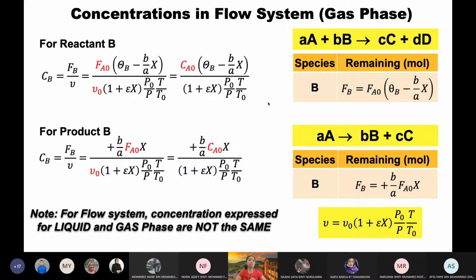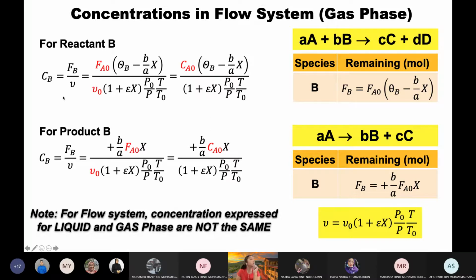So sama, expression untuk B ada untuk bila B adalah reactant, bila B adalah product, we will express the concentration. Or in simpler word, untuk saya simpulkan benda ni, kalau kamu perasan, beza utama dia, katakanlah either case reactant atau case product, katakan untuk reactant, right? Okay, katakan B, reactant B, CB sama dengan, kalau case yang sebelumnya, sama dengan CA0 in bracket, theta B minus B per A X. Tetapi kalau gas tambah pembawah yang 1 plus epsilon X, P0 per P, T per T0.